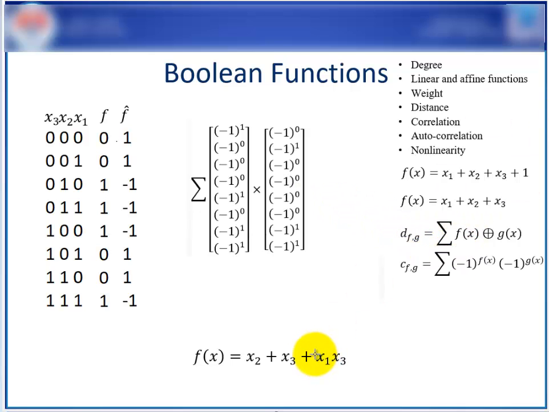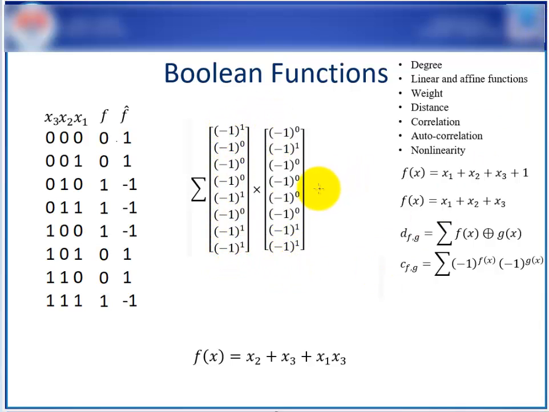So let's try to calculate the correlation for two functions for which we defined a distance. In our previous example, the truth table of a Boolean function f was given by 1, 0, 1, 0, 0, 1, 0, 1, and the truth table of a Boolean function g of x was given by 0, 1, 0, 0, 0, 0, 1, 1. As we can see, we need to calculate the polar form of the truth table.